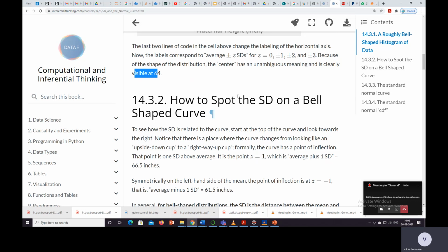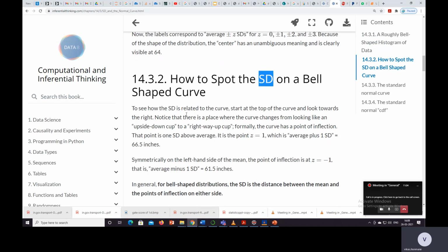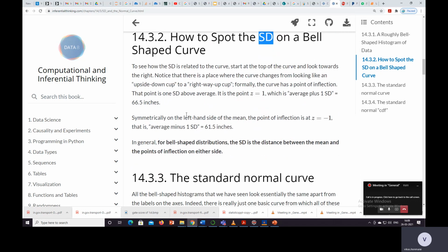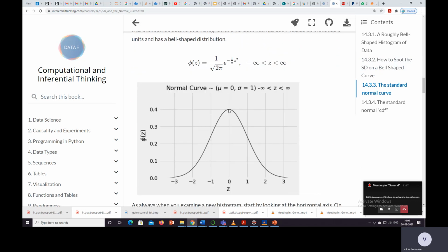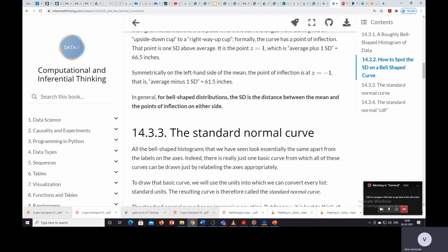So the next point is how to spot the standard deviation on a bell-shaped curve. Okay. So we have to spot the standard deviation on a bell-shaped curve to see how the standard deviation is related to the curve. Start at the top of the curve and look towards the right. Okay, so we start over here at the top of the curve and look towards the right of that curve.